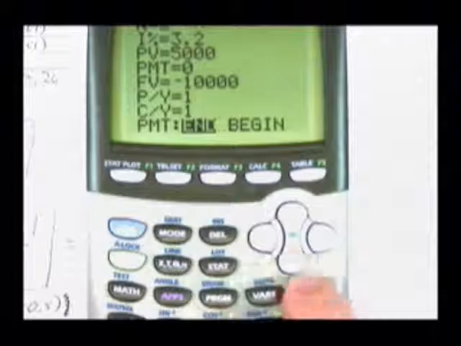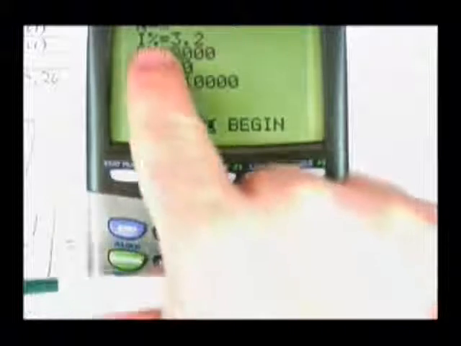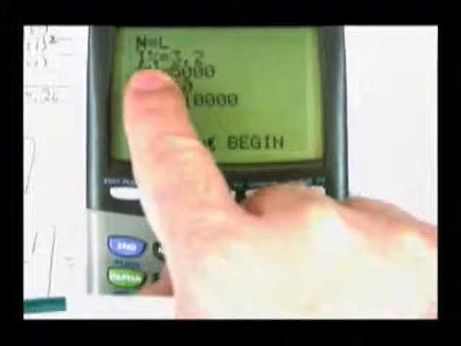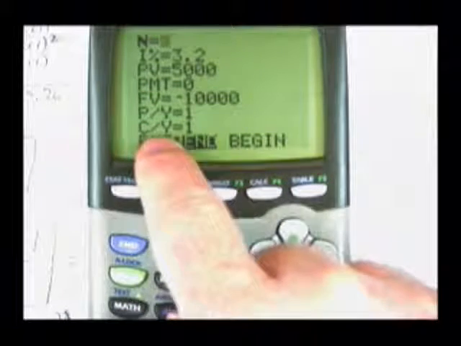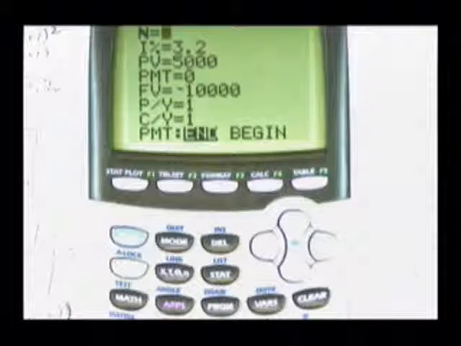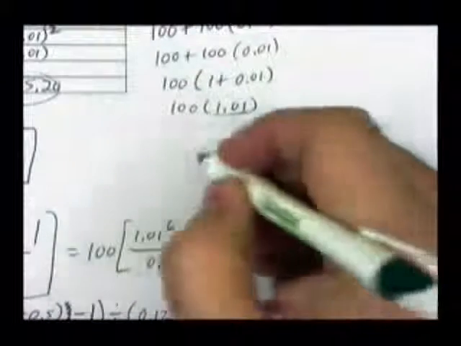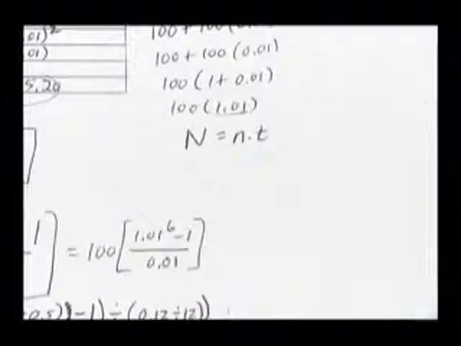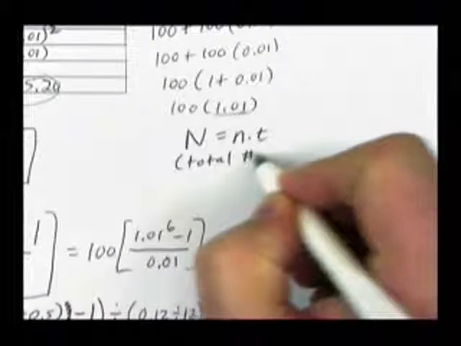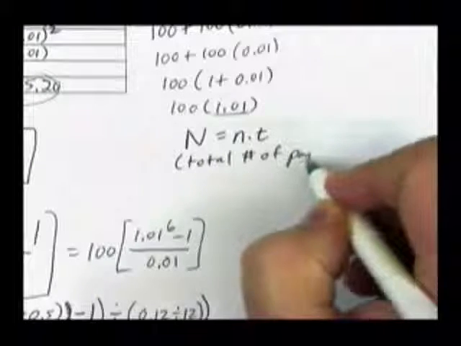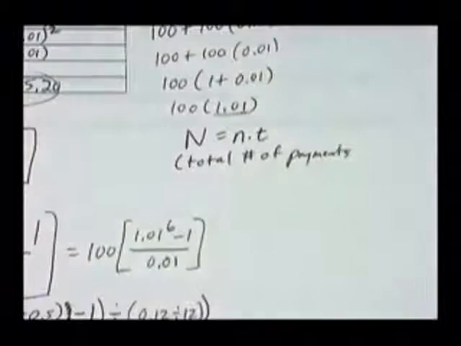And then you've got a bunch of different things in here. You've got N, I%, PV, PMT, FV, P/Y, C/Y, PMT. So I want to talk through what each of those means. The N is really our N times T, or we can think of it as the total number of payments.